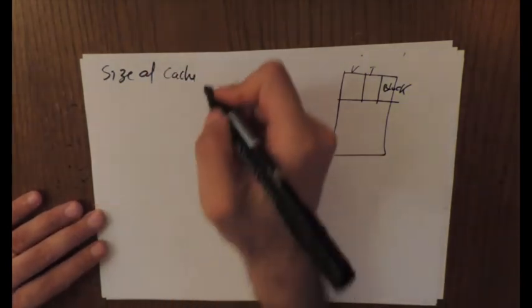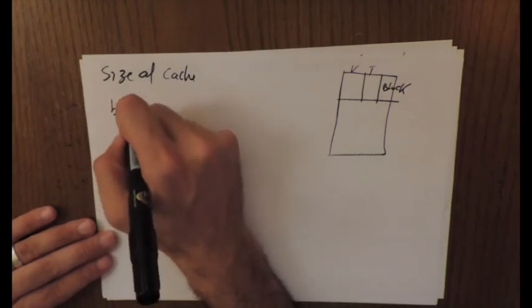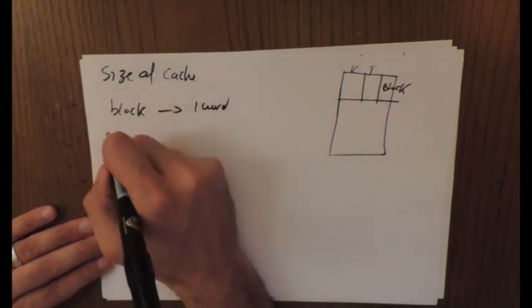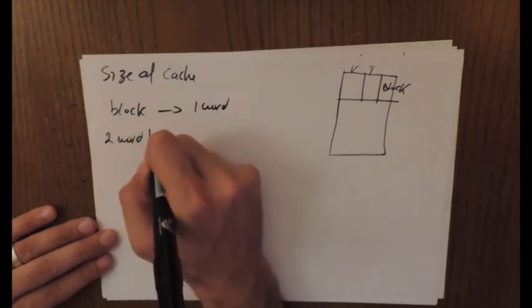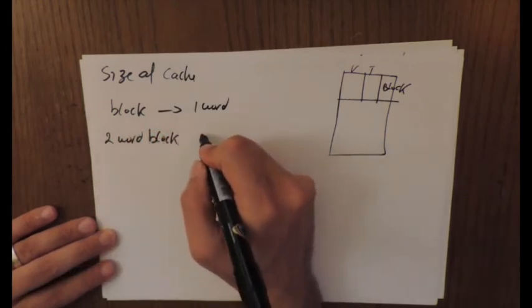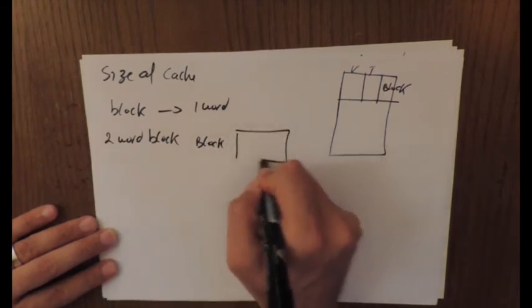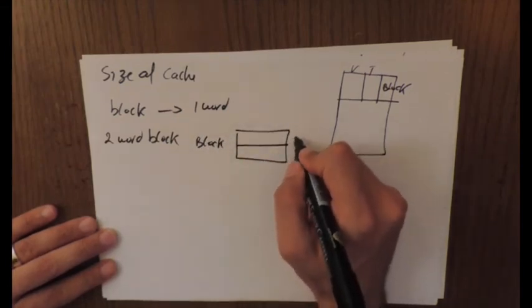Remember, in our previous examples, the block was one word. What if I have a two-word block? This means the block now will be handling 2 words.